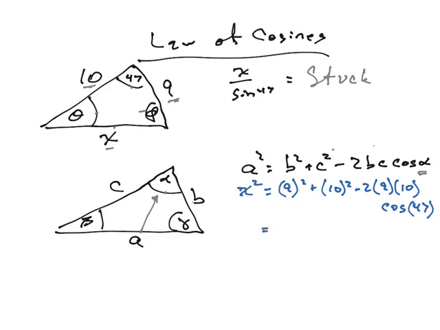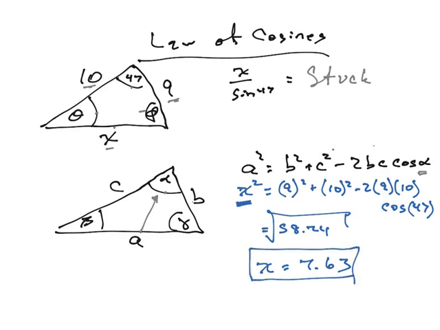Now, when you plug all this into your calculator, you get 58.24. However, remember, that's x squared. We don't want x squared, we just want x. So we have to take the square root, and we get x then is 7.63. That's how law of cosines works.